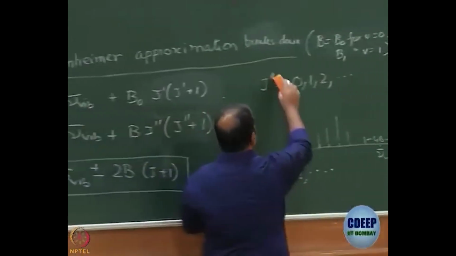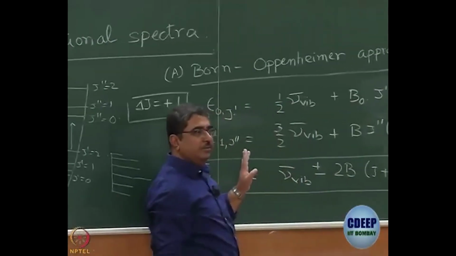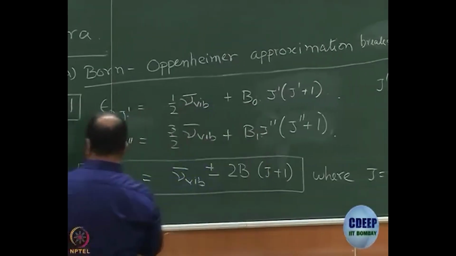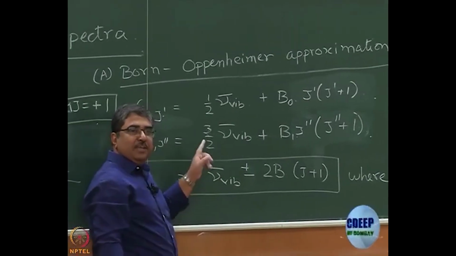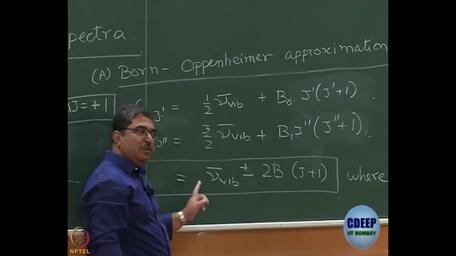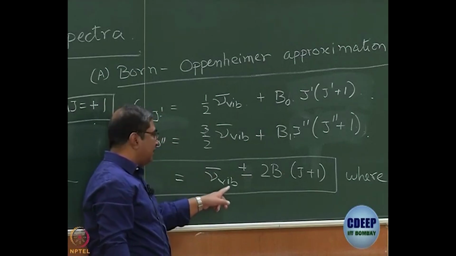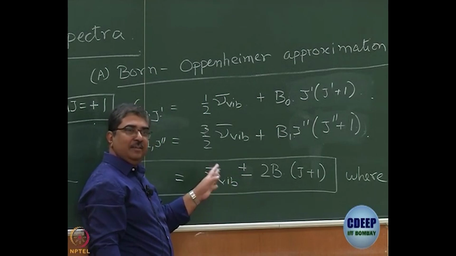So, the range of J dashed is 0, 1, 2, so on and so forth. All right. This I have to write B1. Please remember this expression. When we considered that the Born-Oppenheimer approximation holds, we had something like nu bar vib plus minus 2B into J plus 1. Okay.